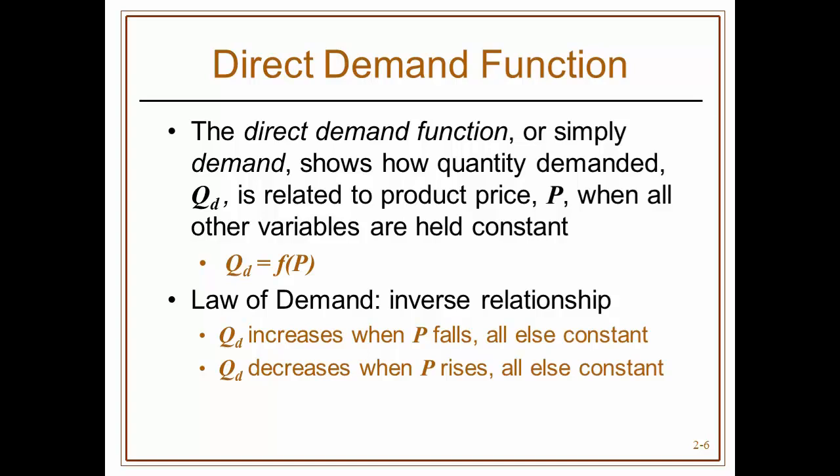And again, that everything else constant is going to be really important, because if you had the price of something falling, but you also had people's incomes falling, let's say for a normal good, well, the price falling would tend to push the quantity demanded up, but the income falling would tend to push the quantity demanded down if this is a normal good. So having those two things change at the same time, you might get questionable results in QD.